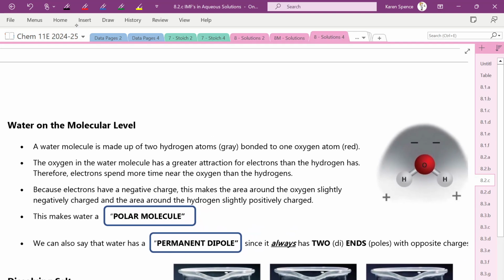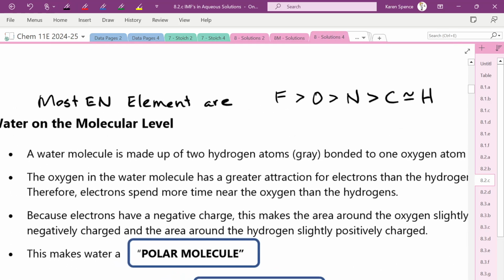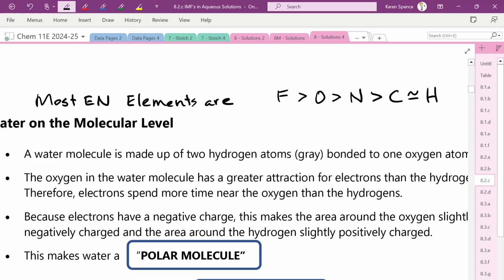and just as we're starting this, we're going to remind ourselves that the most electronegative elements are FONCH. Okay, so fluorine is bigger than oxygen, is bigger than nitrogen.